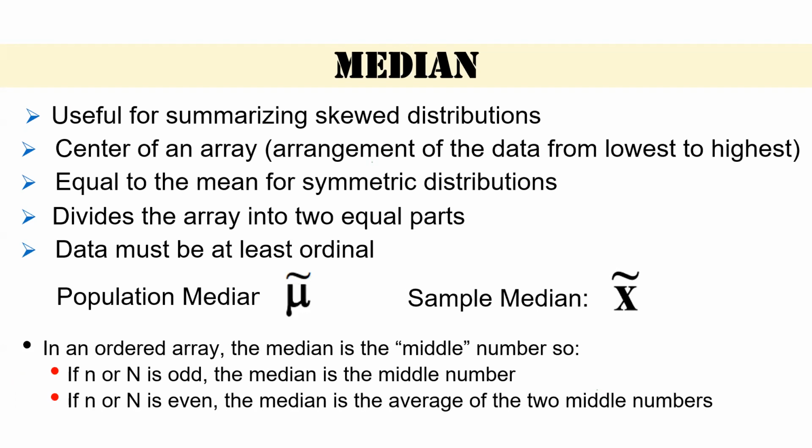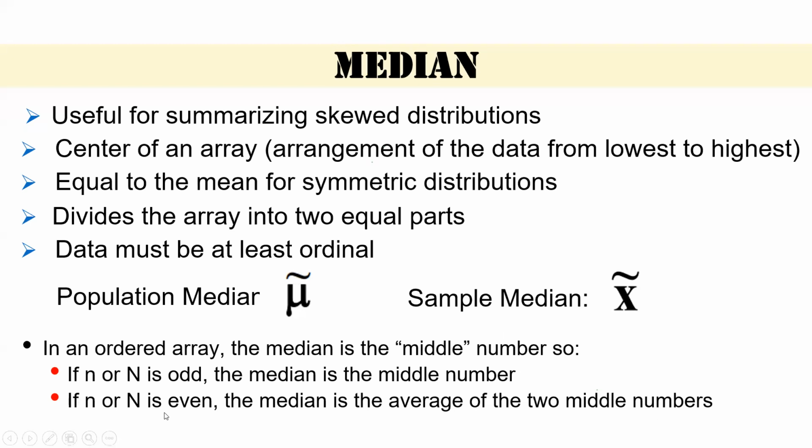So here is our sample. Our notation for population median is mu with a tilde. For the sample median, it's x with a tilde. And we have two rules for median: if you have an even number of scores or an odd number of scores. If the number of elements is odd, the median is the middle number.